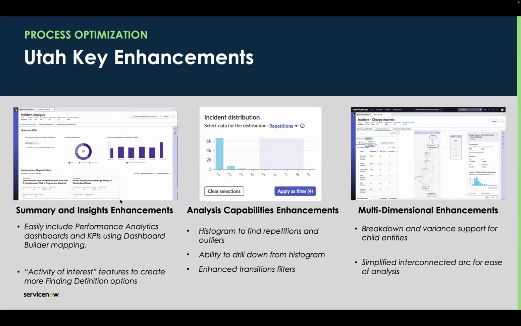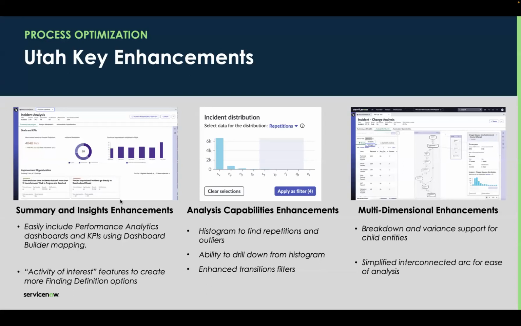If we look at some of the themes that we're focused on from a product perspective, they're accelerating time to first improvement, increasing adoption by making it easier for more people to consume the improvement opportunities, and then expanding process optimization's coverage to include all workflows running on the ServiceNow platform. We took another step in that journey in Utah by adding field service management support.